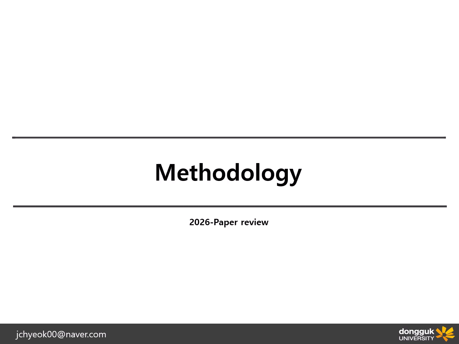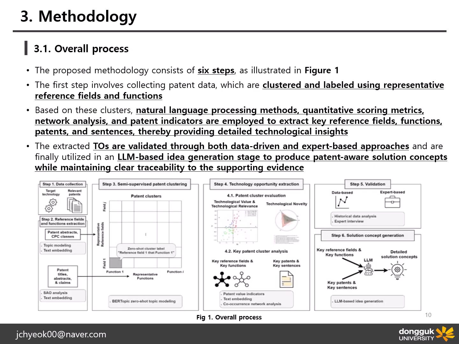The methodology. As shown in Figure 1, the proposed methodology consists of 6 stages. Patent data are collected and clustered using reference fields and functions, from which core technological elements are extracted through semantic analysis, quantitative indicators, and network-based methods.